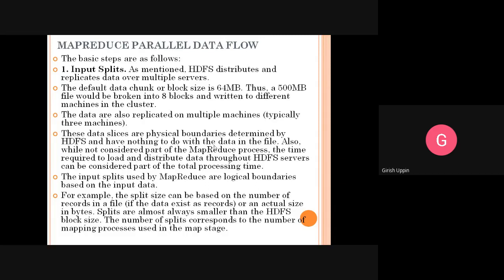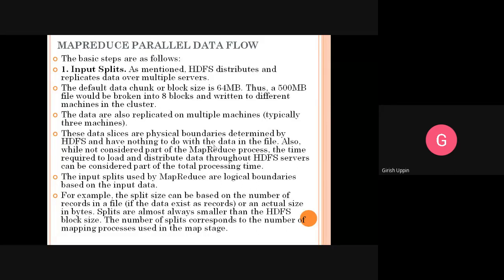MapReduce processing. The input splits used by MapReduce are logical boundaries based on the input data. So whatever input data is given to the MapReduce program is based on the logical boundaries of the input data. For example, a split can be based on the number of records in a file. A very simple way to understand this is the size, the split size.